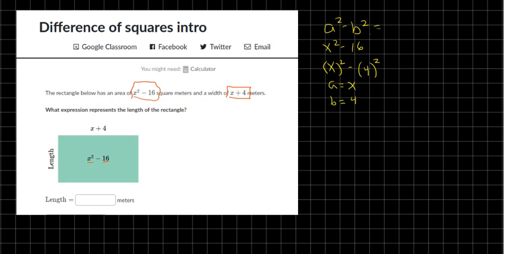And a squared minus b squared is equal to a plus b times a minus b. So this is going to equal x plus 4 times x minus 4. Well, I already have the x plus 4 here, and this is the other side of the equation, so I need to put in x minus 4 over here.